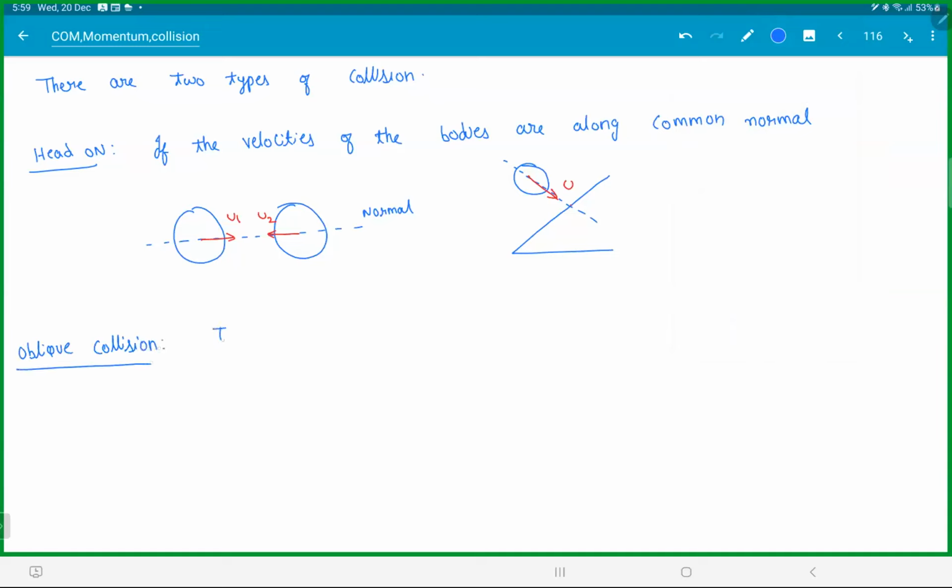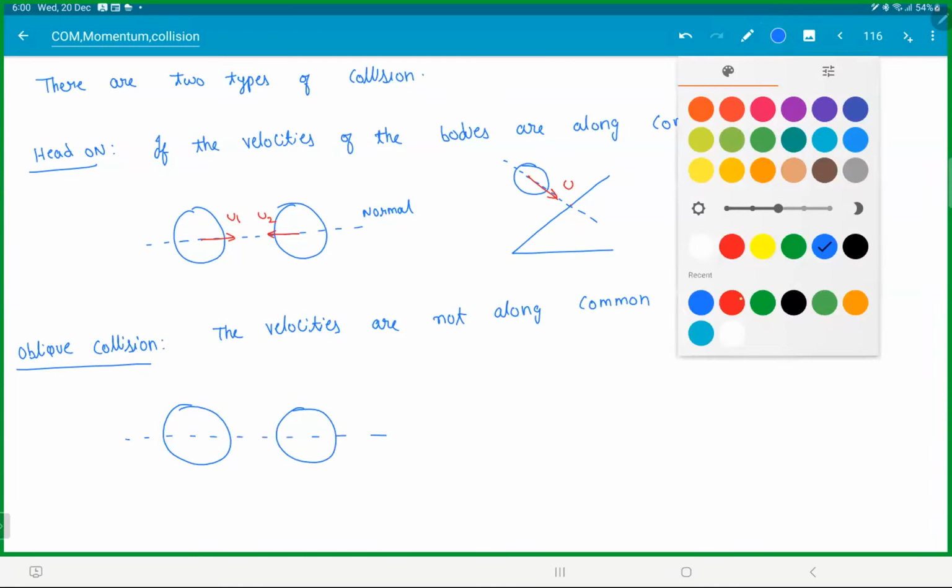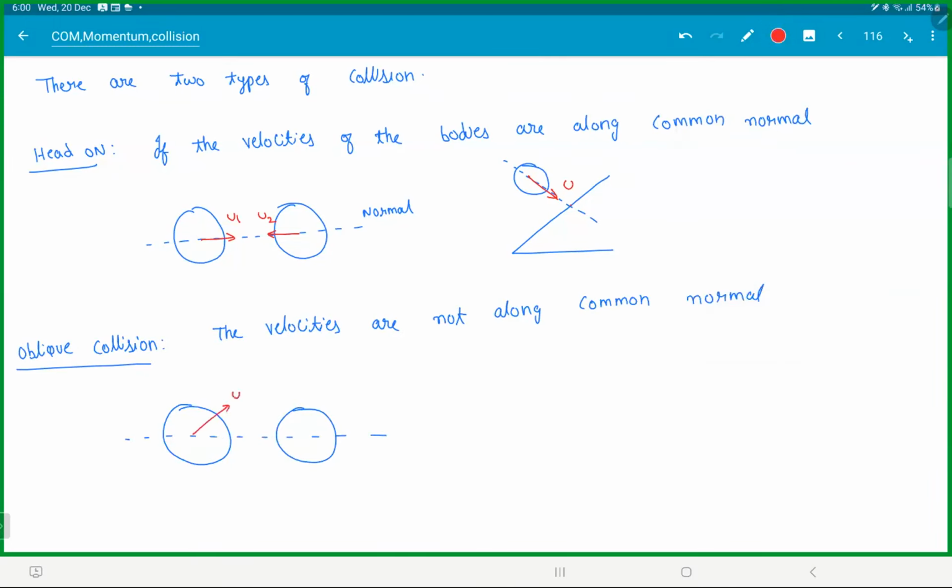In an oblique collision, the velocities are not along the common normal. That is theta 1.